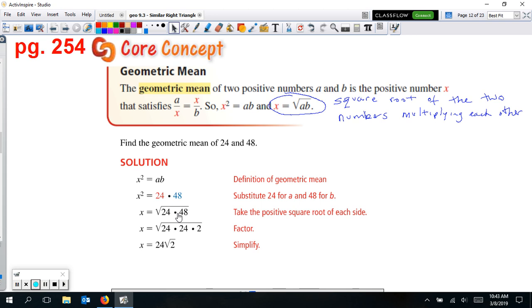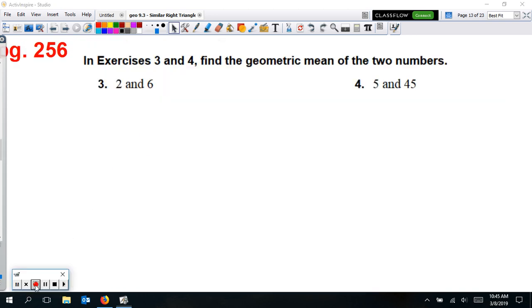They could have multiplied these two together, but they would have gotten a pretty big number, and it would have been hard to figure out how to get down to the simplified radical. It was easier to see, well, I have another 24 in here with 48. If I just do 24 times 2, there are two 24s, and that means 24 can come out, because the square root of that would then just be 24. And then 2 would still be underneath. All right, so let's try a couple of these on our own in the extra practice.